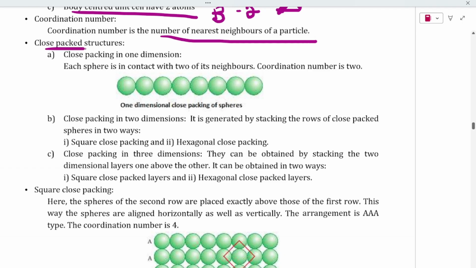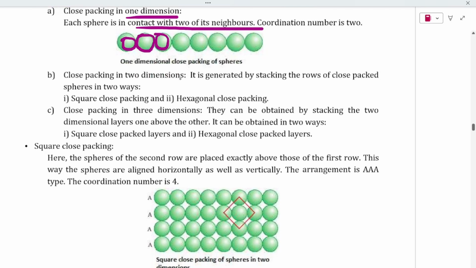If we see the close packed structure, in one dimension it is in contact with 2 of its neighbors. See, if you take this, it is in contact with this also and this also. So it is in contact with 2 neighbors. In 2 dimensions, they can have 2 ways, that is, you can have either square or hexagonal, right? Hexagonal.